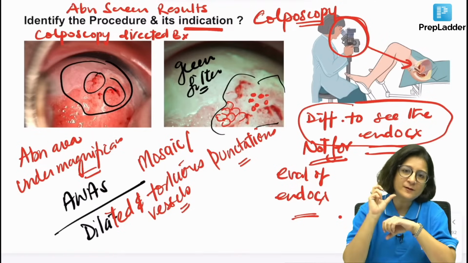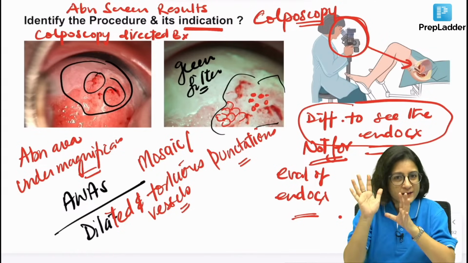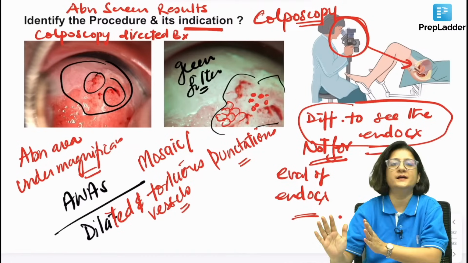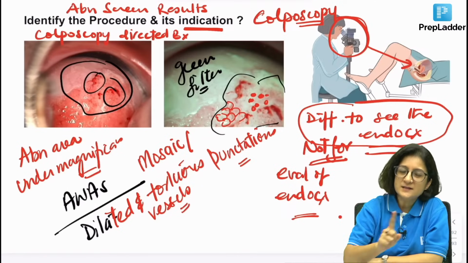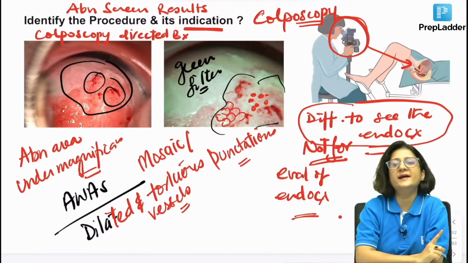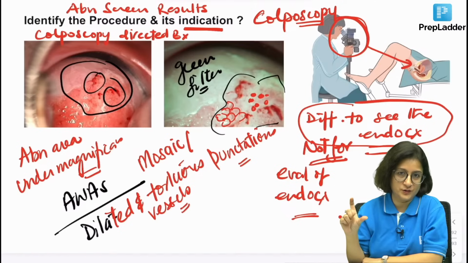Otherwise, if it comes with a scenario, don't get too stressed by the image, because many times the answer or the clues will be given in the stem of the question.